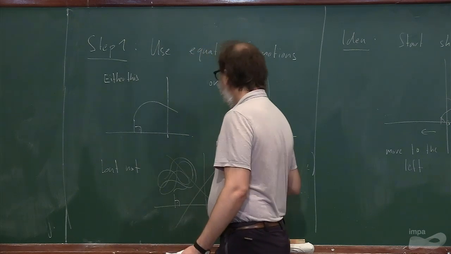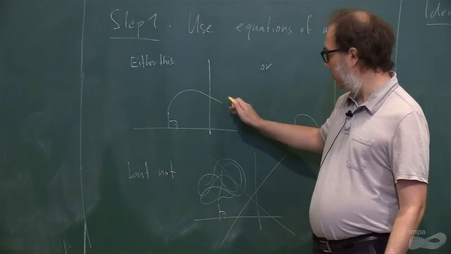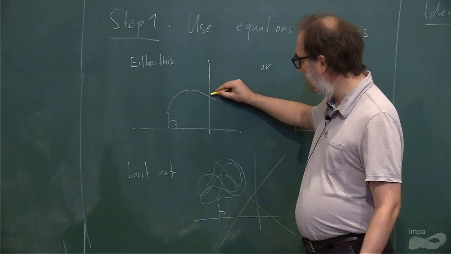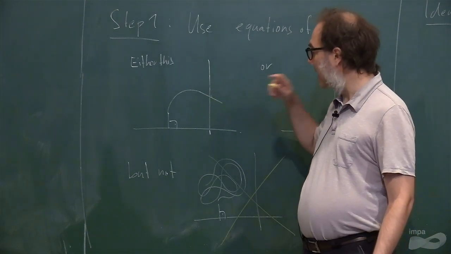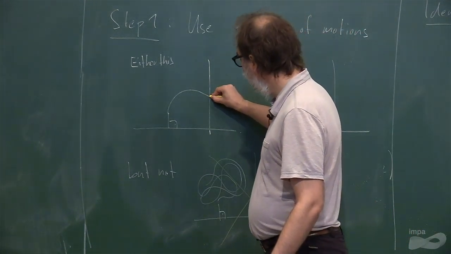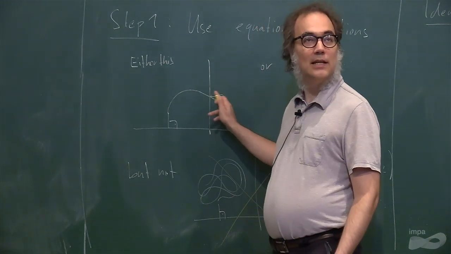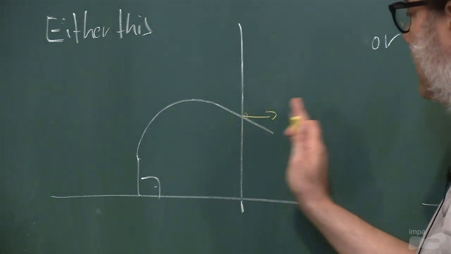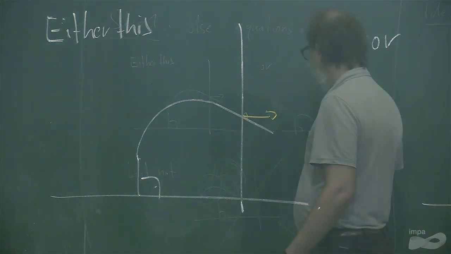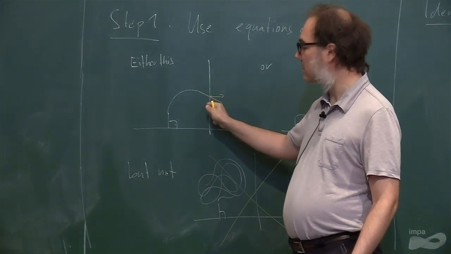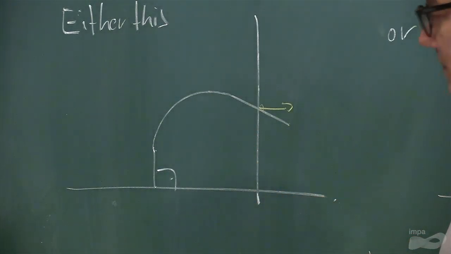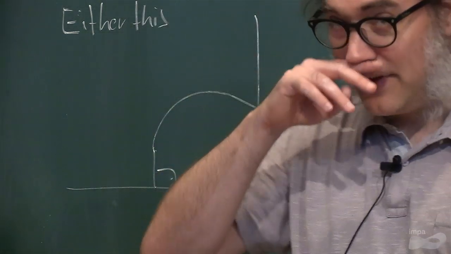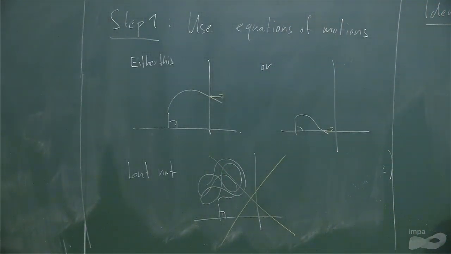Doesn't happen. And actually, if you look at the estimate, what you see is when you cross the x-axis, you will cross it with some positive velocity in this direction, or also here you have some positive velocity. So what also doesn't happen is that you just touch this x-axis. So this is step 1 where we use the equations of motion.